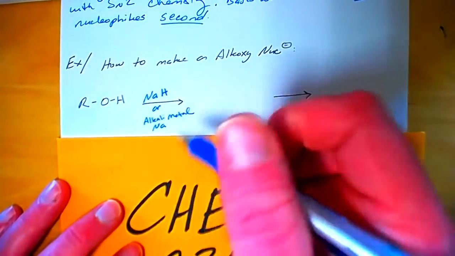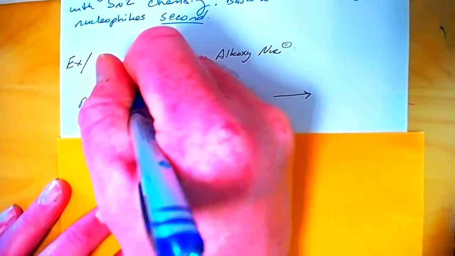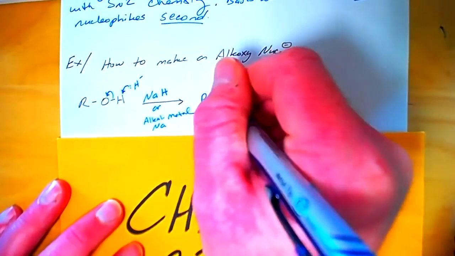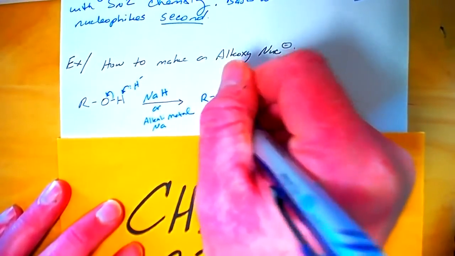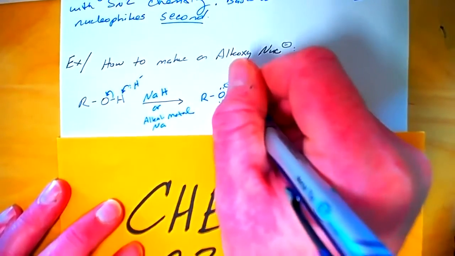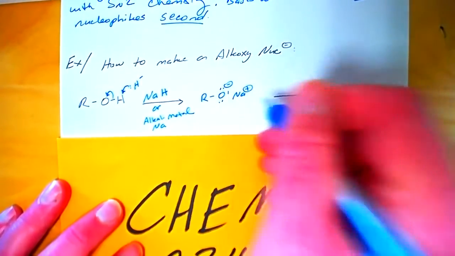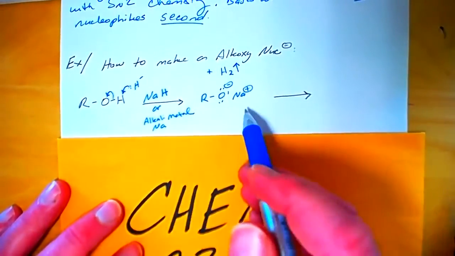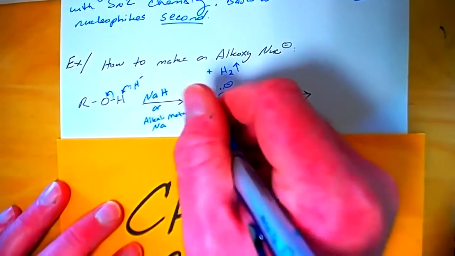But let's just say we use sodium hydride. Sodium hydride, which is H-, will extract a hydrogen from the alcohol, and that will result in producing this sodium alkoxide. And since hydrogen, H2, is a gas, that leaves, and so that makes this reaction pretty much irreversible.